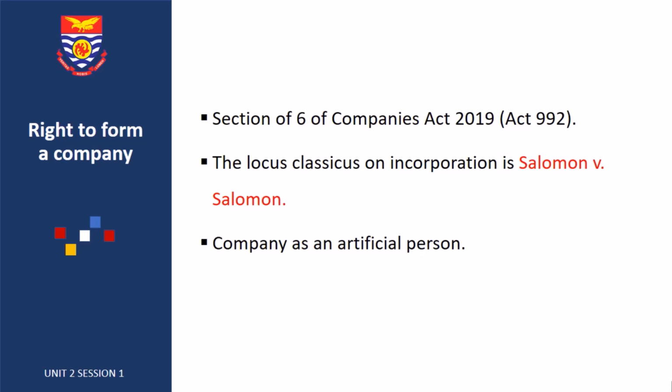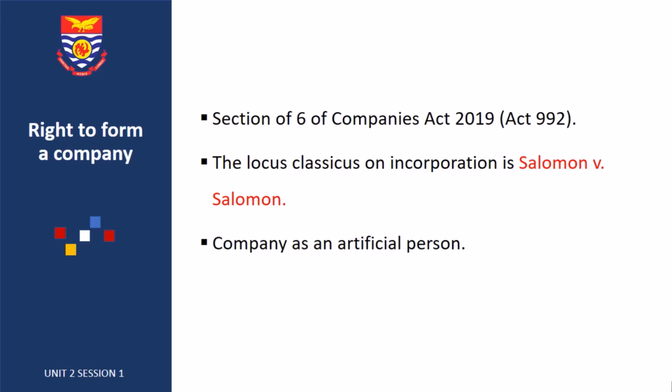Now, the locus classicus on incorporation of a company is Solomon v. Solomon. What we mean is that the right to form a company can only be supported by the case of Solomon v. Solomon. The case of Solomon v. Solomon established the principle that a company is a separate legal entity when it is incorporated.